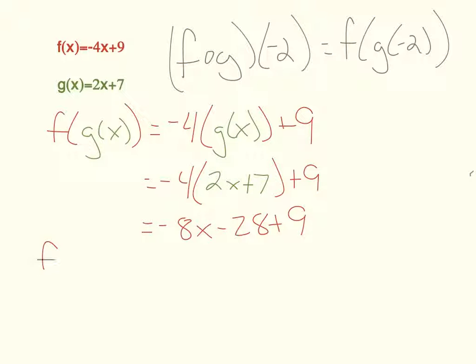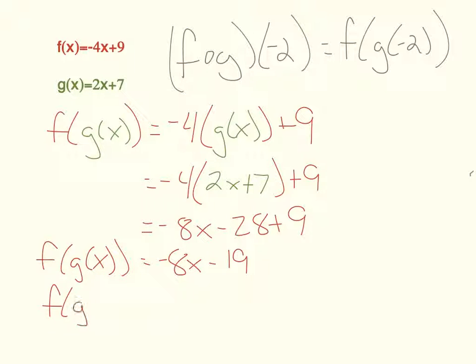So f of g of x is negative 8x minus 19. Now, we're not done because we wanted to evaluate all of this for negative 2. So now you can just substitute negative 2 in for your x values.